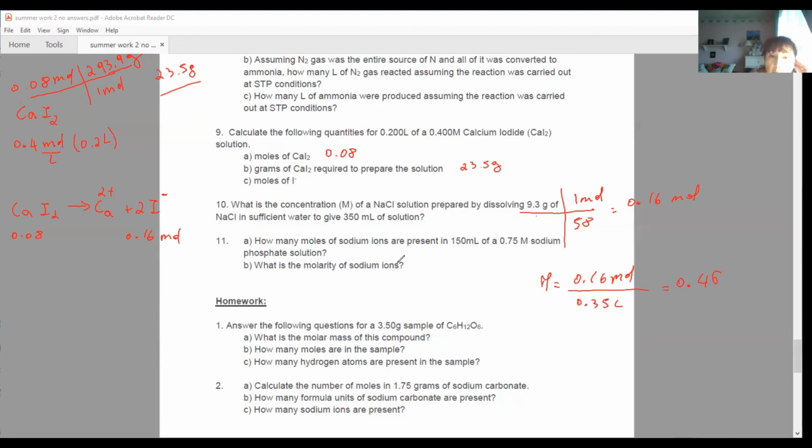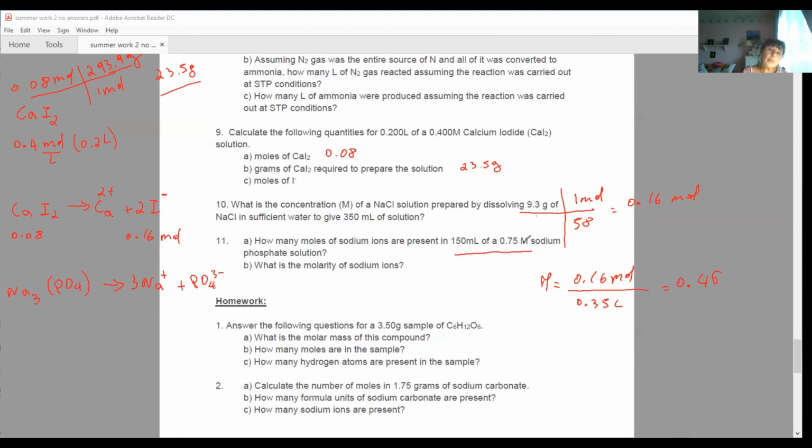Okay, how many moles of sodium ion are present in sodium phosphate? So you got sodium and you have the phosphate, so you need a 3 there. This is PO4. We know that this has a charge of 3 minus. So this is your solution. And how many moles of sodium ions do we want? So we got to break this one up, and we have 3 times the moles, and a phosphate, which is 3 minus. So sodium phosphate solution has this concentration in this many liters.